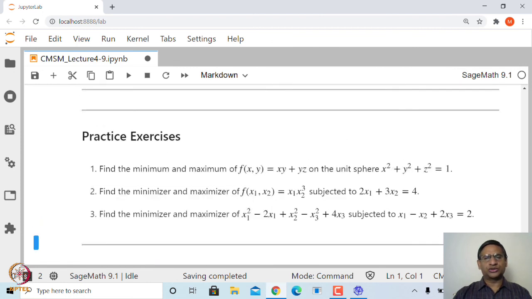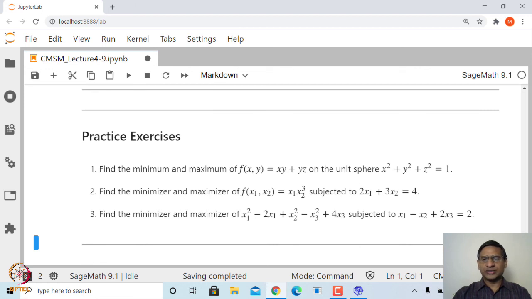These are the things we wanted to cover in calculus of 1 and 2 variables. Of course, there are other concepts like integrals of multivariate functions, similarly vector calculus, etc. All these things can be done using SAGE math. However, because this is a short course, I thought a basic introduction will be fine, and the remaining things you can explore on your own.